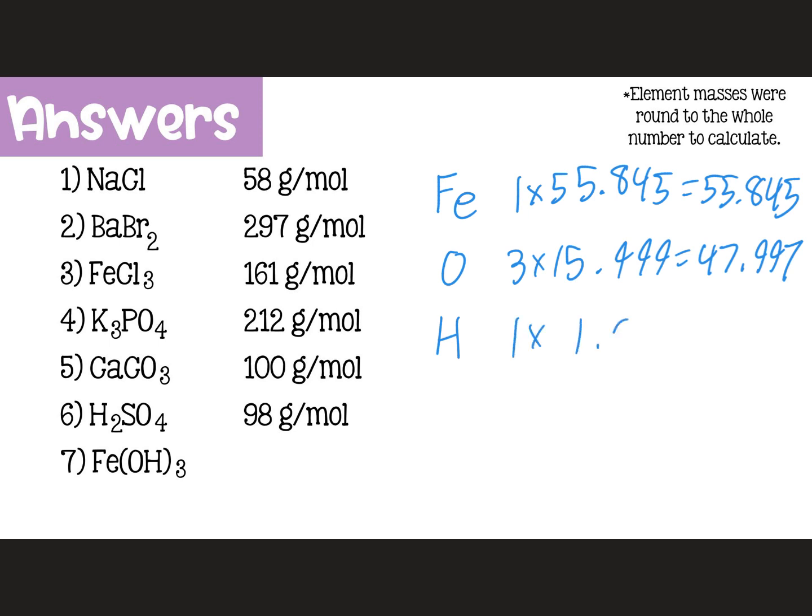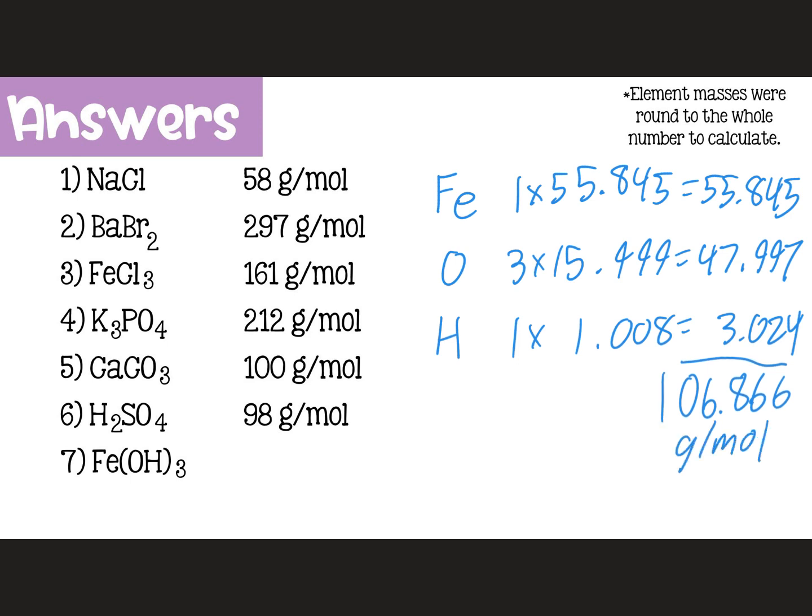Finally, we have three hydrogen atoms, each with a mass of 1.008 for a total hydrogen mass of 3.024. When we add all of these together, we get the molar mass of iron 3 hydroxide, which is 106.866 grams per mole, or 107 grams per mole.